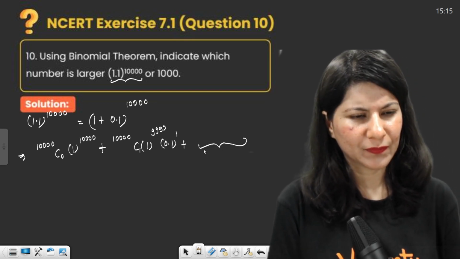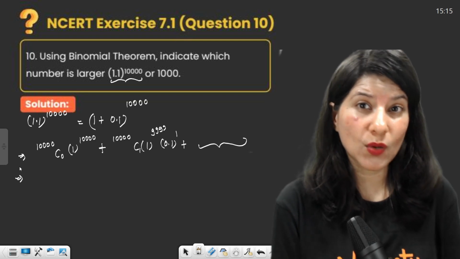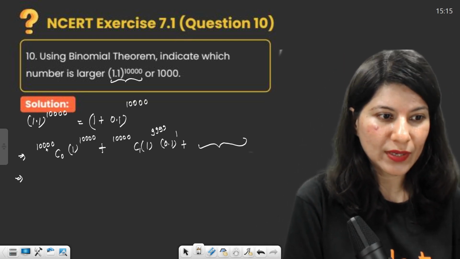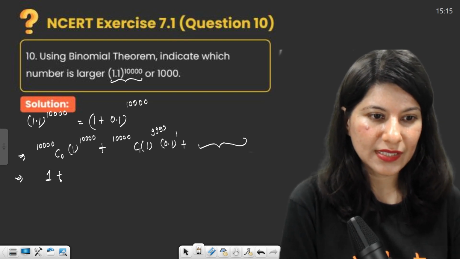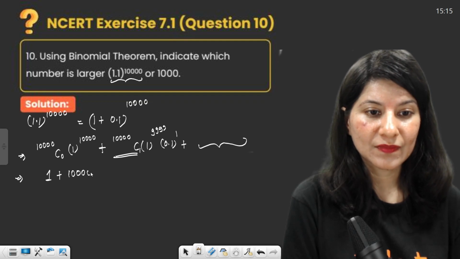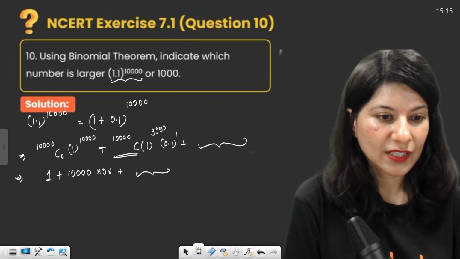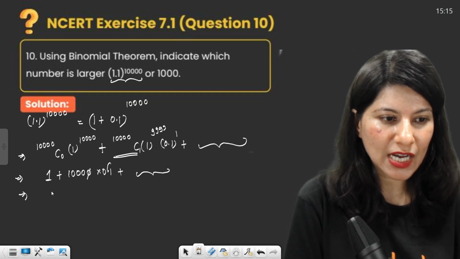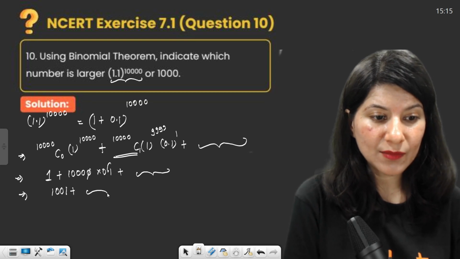Let's calculate it first and see if we even require the next terms or not. 10,000C0 is 1, so this is 1 only. Plus 10,000C1 is 10,000 into 0.1, plus some more terms. If I solve the first two terms only, the first two terms are 1,001, plus there are some more terms.